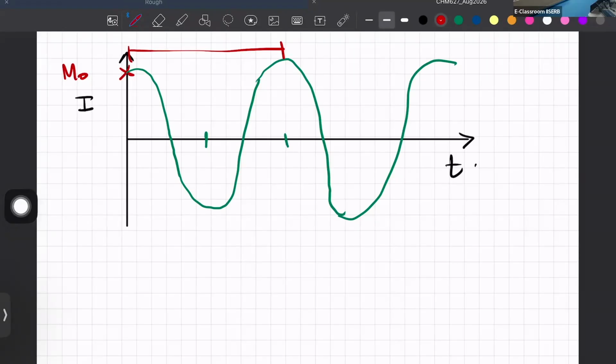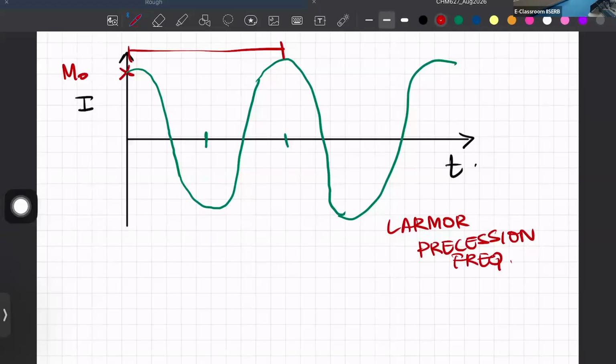And the frequency here is going to match the Larmor precession frequency. So far, so good. If people have questions, please unmute and ask questions. So therefore, as a function of time, if you measure this signal, you'd be able to pick up a frequency.